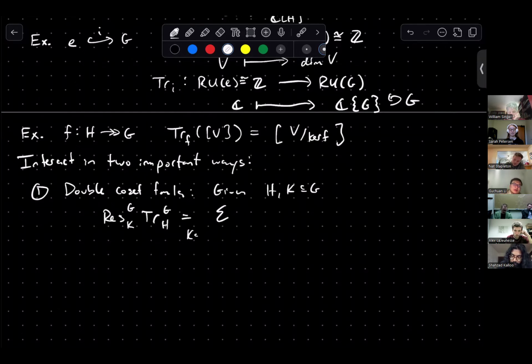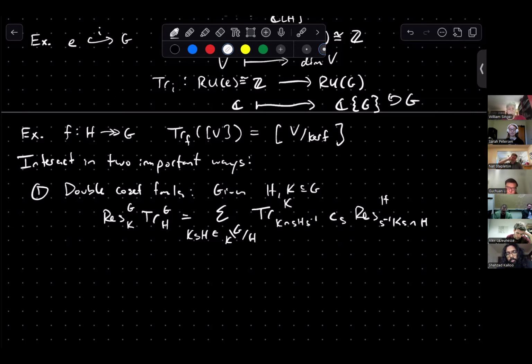So this is the sum over KSH, the double cosets of K and H in G, of the transfer along K intersect SH S inverse sitting inside of K. There's a secret conjugation by little s, and then restriction along S inverse KS intersect H sitting inside of H. So you sum over these double cosets, and then the data of the double coset allows you to write a restriction followed by a transfer using these intersections.